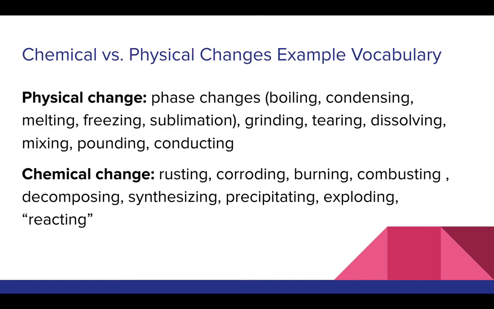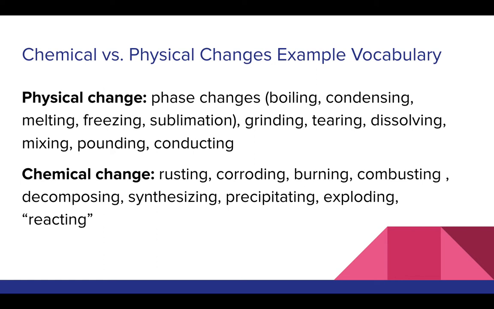Now, let's just learn a little bit of vocabulary, because you're going to have to be identifying chemical versus physical changes, and there are definite words that signal whether something is a chemical or physical change. So words that go along with physical change would be the phase change words: boiling, condensing, melting, freezing, sublimation. But also words like grinding, tearing, dissolving, because that's just mixing two substances, mixing, pounding, conducting, those are all physical change words.